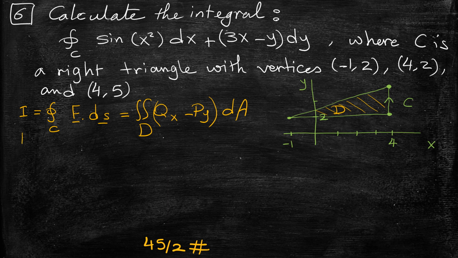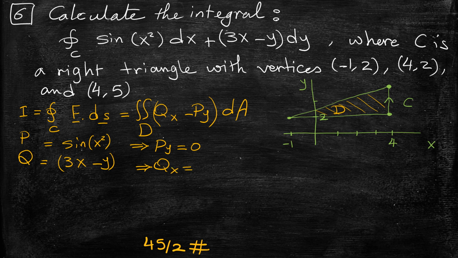We need to get P, Q, and then their derivatives. P is sin x squared, Q is 3x minus y, meaning Py equals 0 and Qx equals 3. Substituting in the integral, we'll end up with Qx equals 3, and then the area over this region D.